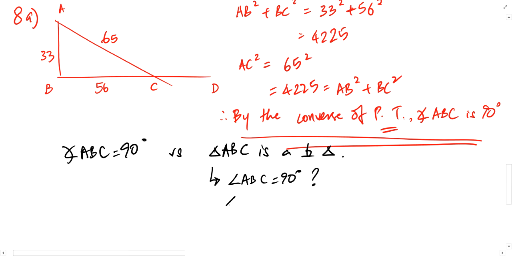What else could it be? ACB equals 90 degrees, or BAC equals 90 degrees. So there's a difference between these two statements.